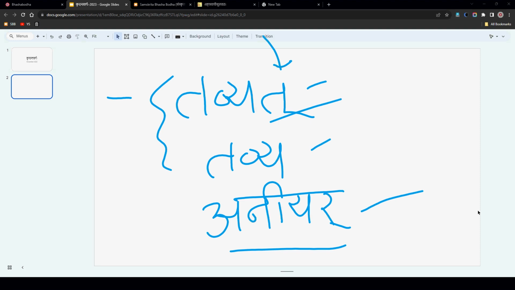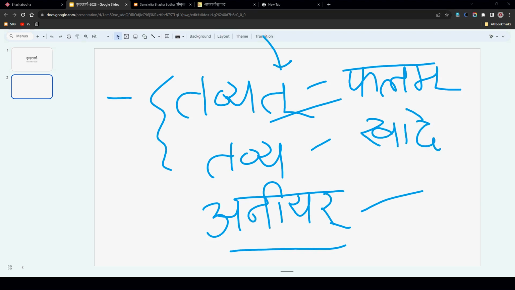Can they be used interchangeably? Yes, interchangeably. You can think of this as an alternate way of saying phalam khadet. Khadet is vidhiling, right? Remember vidhiling? For example, balakah phalam khadet.